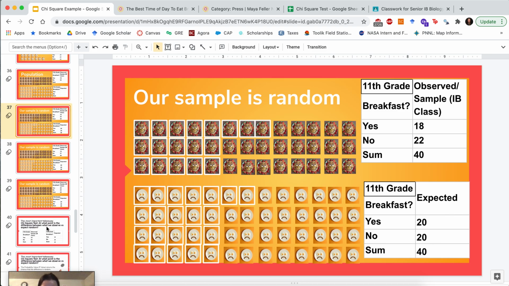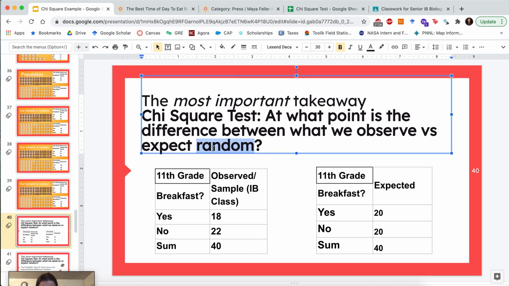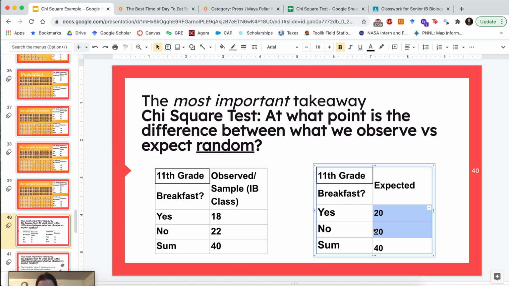But this is the most important takeaway for the chi-square test. At what point is the difference between what we observe versus what we expect random? Is the difference between what we observe, the 18 yeses and 22 nos, and what we want to get, at least 50%, the 20 and the 20, random, or is it a pattern?